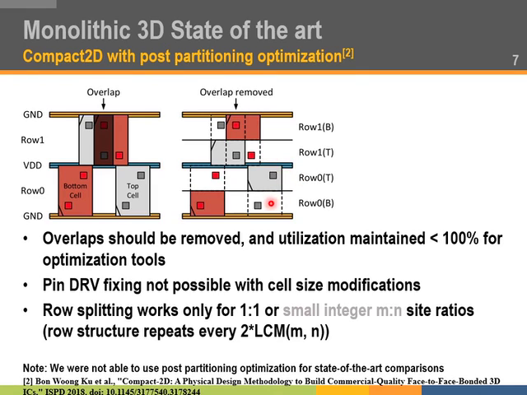But the number of rows in this 3D row depends not on the number of tiers but on the height ratio of the top and bottom tiers. For example, in a heterogeneous 3D IC design where the top die and bottom die will have different heights, let's say the height ratio is m/n, then the 3D subset or the 3D row has a set of LCM of m and n number of rows.